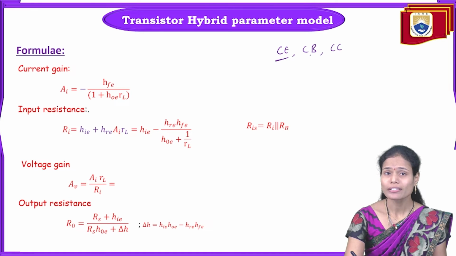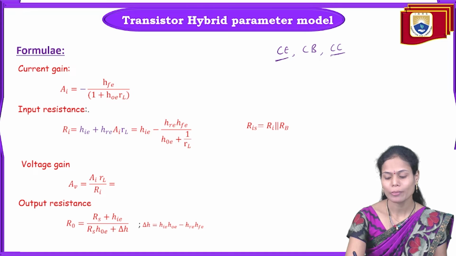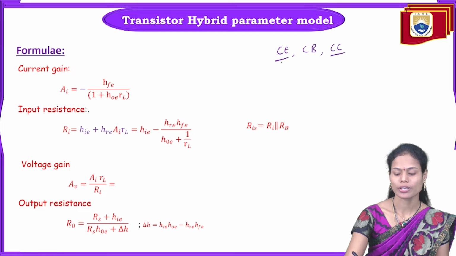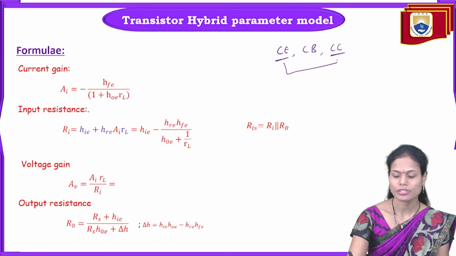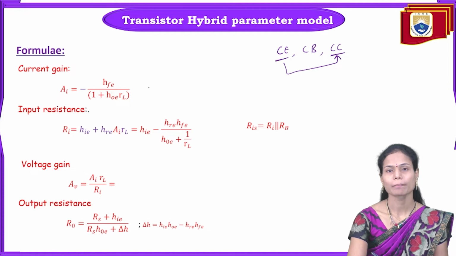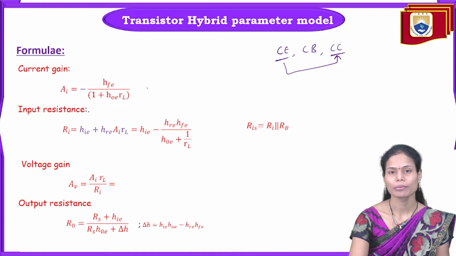And to find the same parameters in the common collector configuration, we have to take the conversion formulas from common collector to common emitter, since we already have the common emitter configuration. So these formulas in terms of common collector we need to write here. For that purpose, I have given all the parameter formulas in the common emitter configuration.